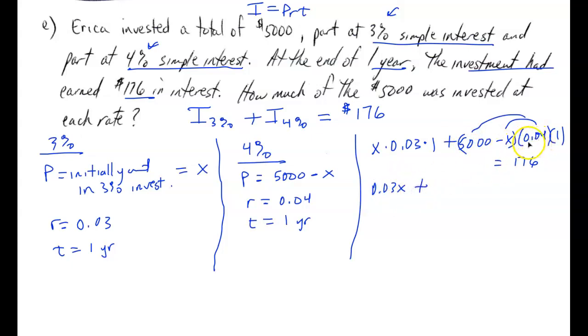And here if we do 1% of 5,000, 1% would be 50 because 10% of 5,000 is 500. 1%, move the decimal place over, is 50. So 50 times 4 is 200. So that would be 4% of 5,000 minus the 0.04x. And that will be equal to 176. And this should be an X here as well.